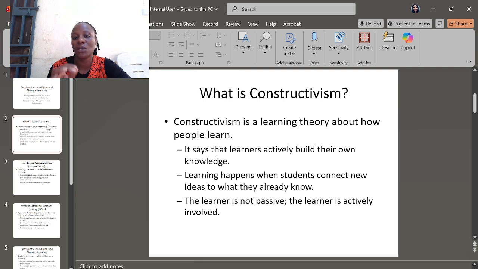So constructivism talks about connecting prior knowledge to what you now know, or connecting new knowledge to what you already know before now. And constructivism also helps us understand that the learner is not passive, that the learner is actively involved in the learning process and is not teacher-centered.